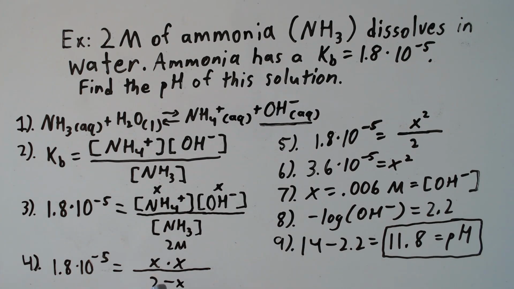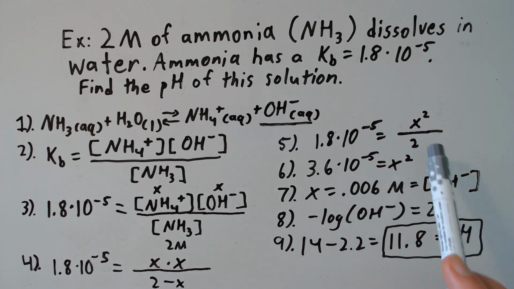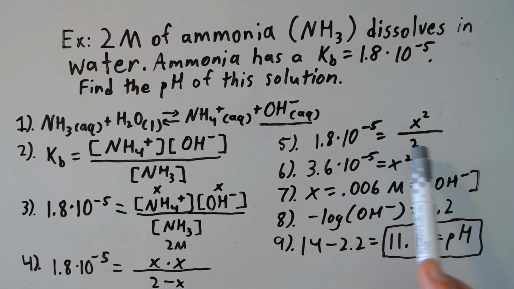And that basically means that so little of this NH3 actually reacts that this minus x, this amount that reacted, essentially does not change the initial concentration of NH3, because the initial concentration of NH3 is so much greater than its ionization constant. So we can ignore this minus x on the bottom because it doesn't change the bottom value, really.